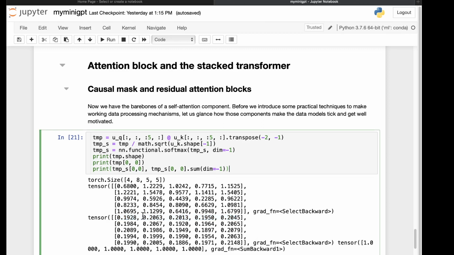Now, it is an extra step to apply the mask. We can just put zeros in this part, or alternatively, we can set minus infinity to this part, because the minus infinity becomes zeros after the softmax. So we can do it either way. But before we do that, we need to first set up a mask.